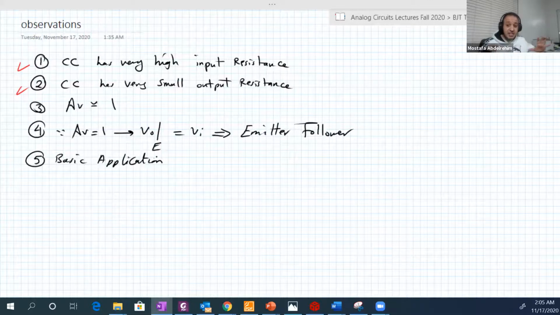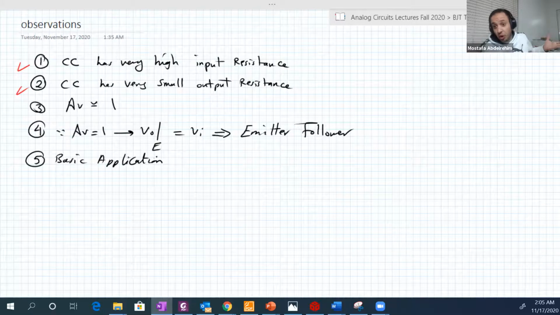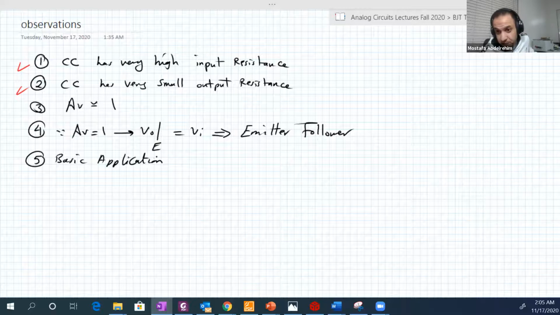Let's assume that we have a source whose voltage is big, so we don't need to amplify it. But this source has a very big internal resistance, much larger than the load that we want to feed voltage to from that source.